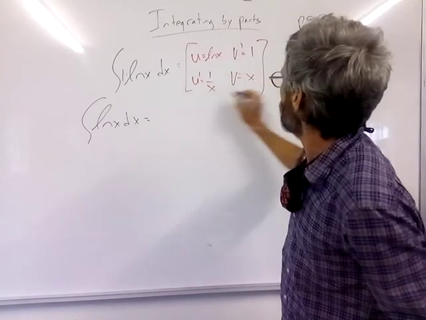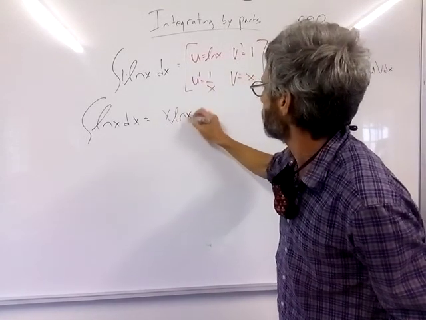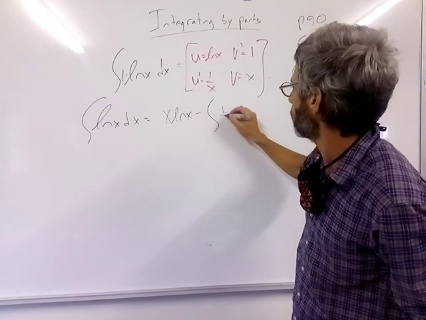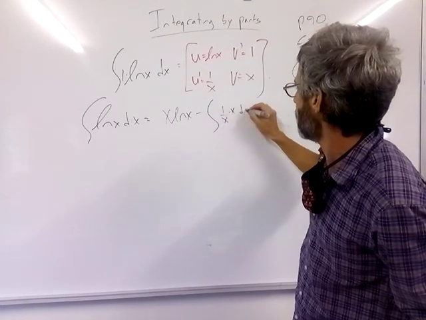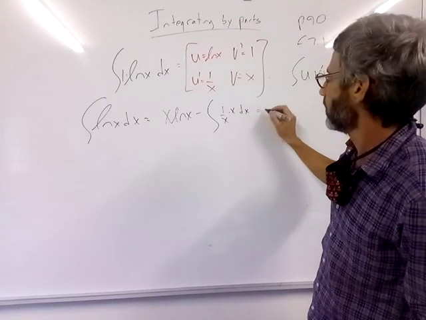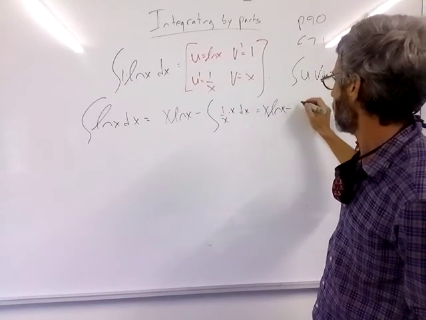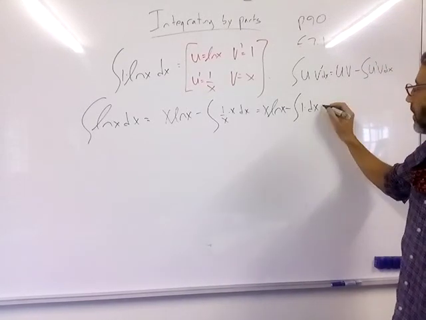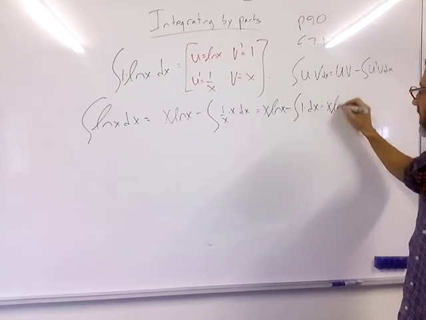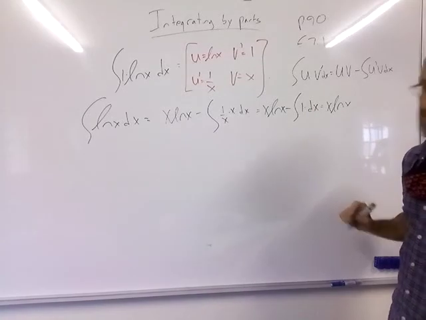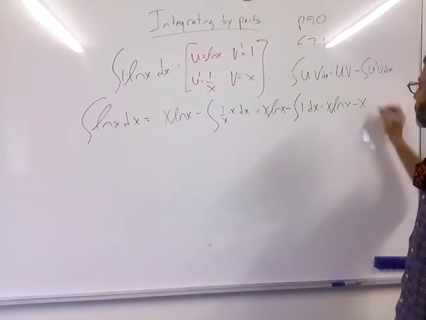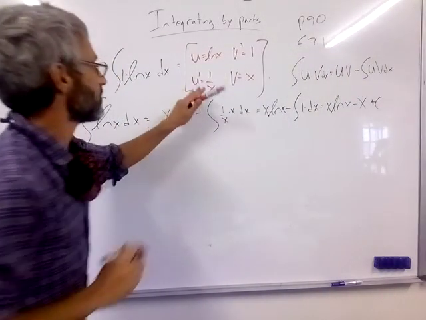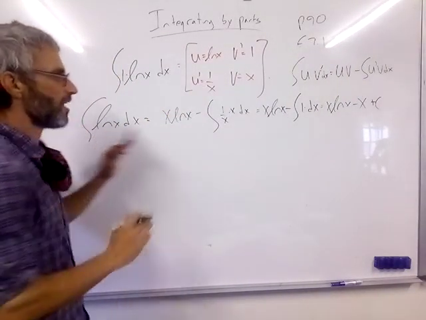Well, it's going to be u times v, x ln x, minus the integral of u prime v, 1 over x times x dx. What is that? It's 1. So x ln x minus the integral of 1 dx. What's the integral of 1? x. So it's x ln x minus x plus c. So you see now, using integration by parts, we found the integral of ln x.